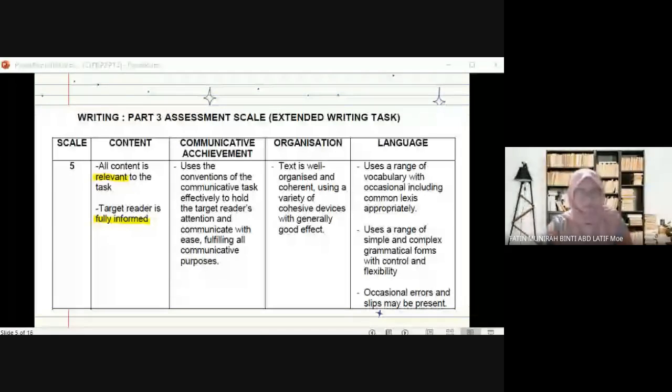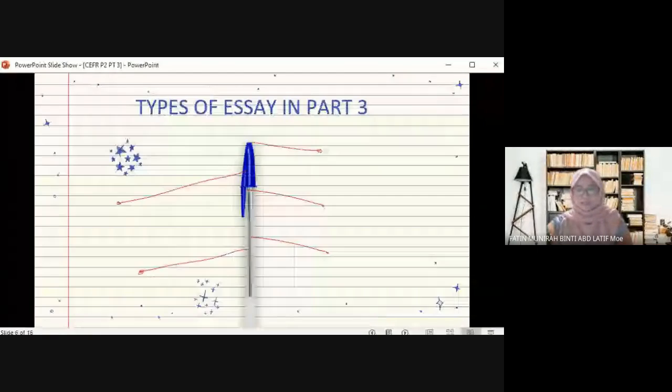Okay, now we look at types of essay. Okay, jenis-jenis essay dalam part 3. What is the type of essay in part 3? The first one is review. The sample of review, contoh review, sebab saya tak akan explain satu-satu kat sini. Okay, contoh review ataupun bentuk review, awak boleh rujuk dalam buku form 4.